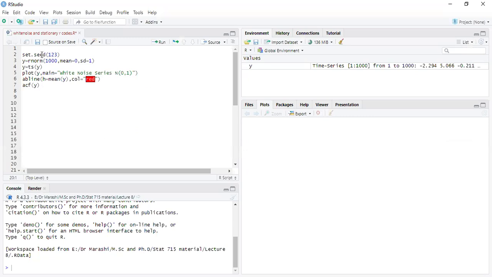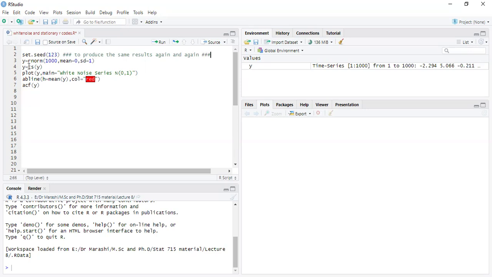So the first statement is set seed. Set seed is for what? It is to produce the same results again and again. Why?